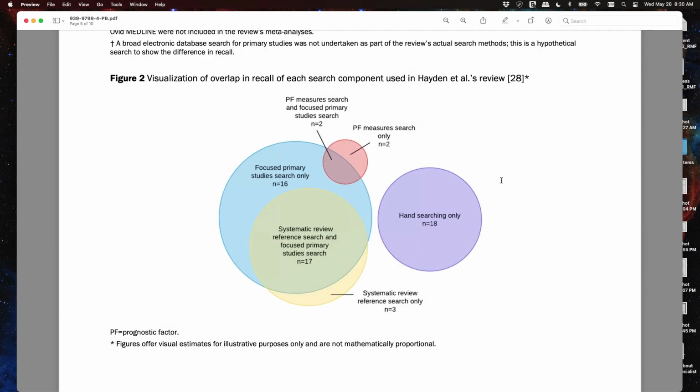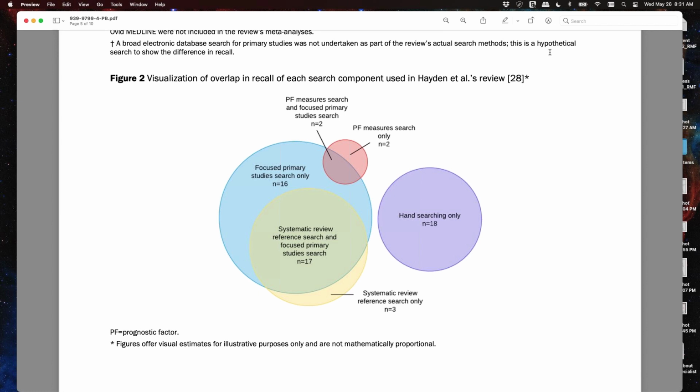which visualizes the overlap of the search results from each component of the search strategy. So here again, they explain a bit better what this tool search was. It was the forward search of publications citing, identifying prognostic factors.